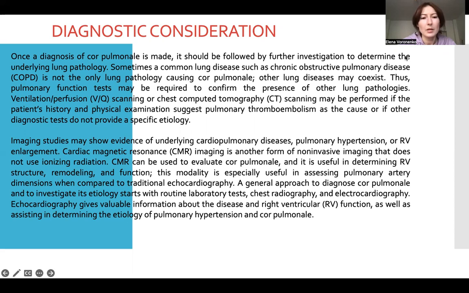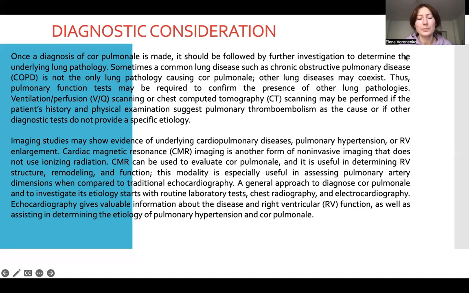Imaging studies may show evidence of underlying cardiopulmonary diseases, pulmonary hypertension, or right ventricle enlargement. Cardiac magnetic resonance imaging is another form of non-invasive imaging that does not use ionizing radiation.